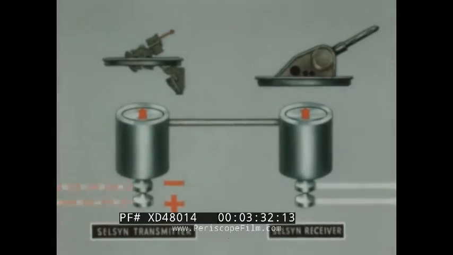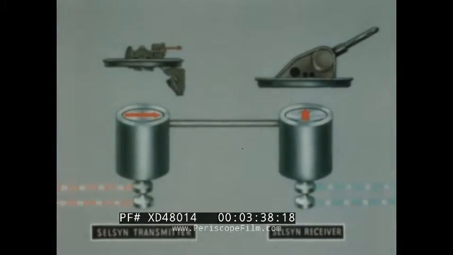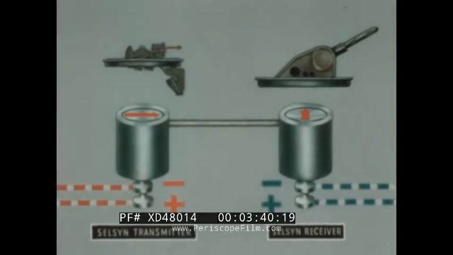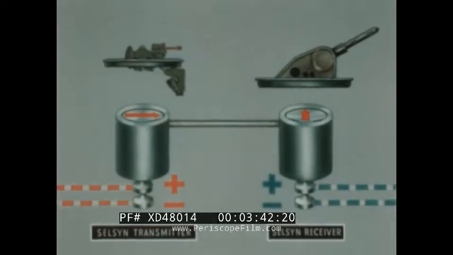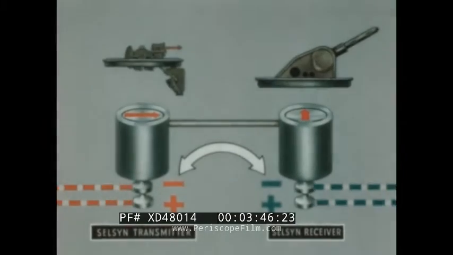When the sight is moved, say to point below the guns, the signal voltage that appears at the receiver output will have the same polarity as the input voltage to the transmitter. Note these relative polarities.